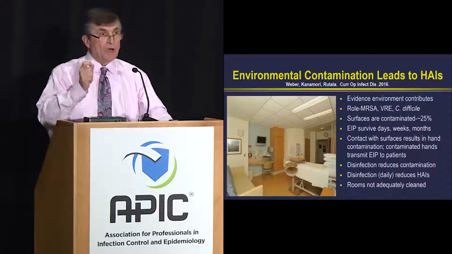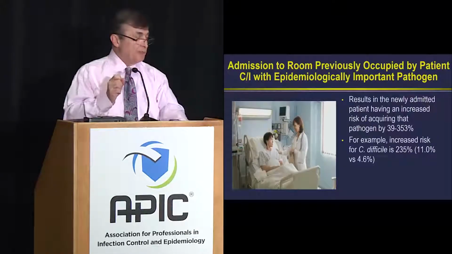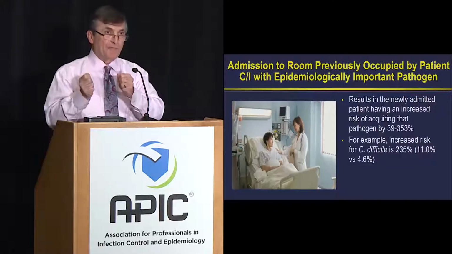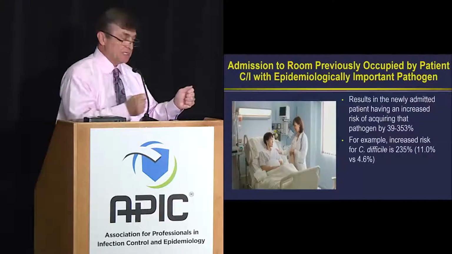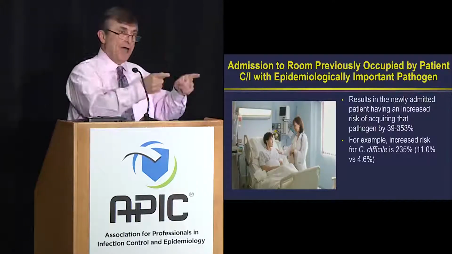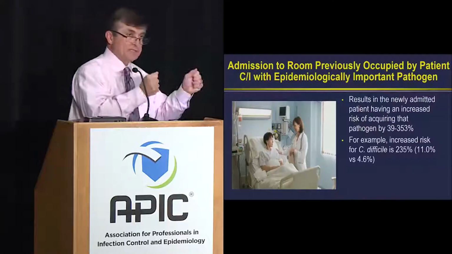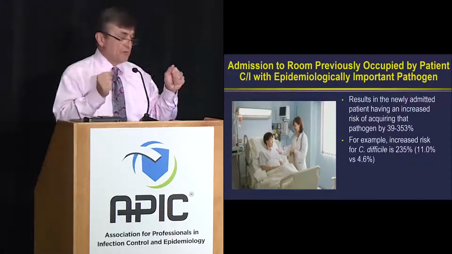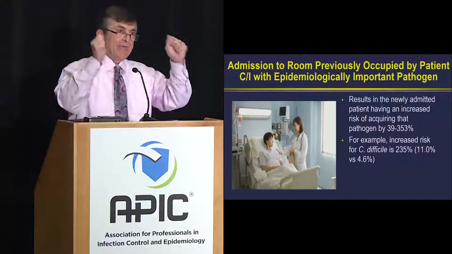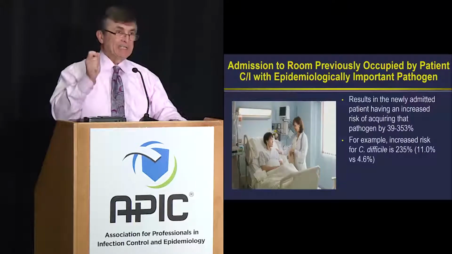We also know, unfortunately, that rooms are not adequately cleaned, and when they're not adequately cleaned, that puts the next patient at risk for the previous patient's pathogens. For example, with C. difficile, if you or I were to enter a patient's room anywhere in this country where the previous patient had C. difficile, our risk would be 235% greater than entering a room where the previous patient did not have C. difficile.